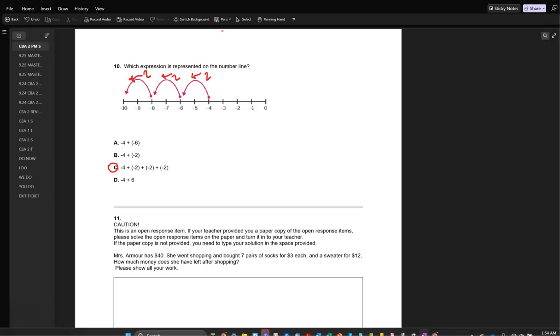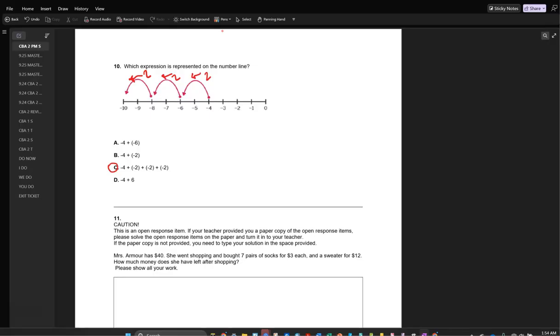Now, as far as these guys go here, again, this is kind of unfair. This is -4. And yes, we went 6 left at the end of these hops, but again, you're looking for the best fit. And if you thought A was viable and compared it to C, you'd see that C was more appropriate.